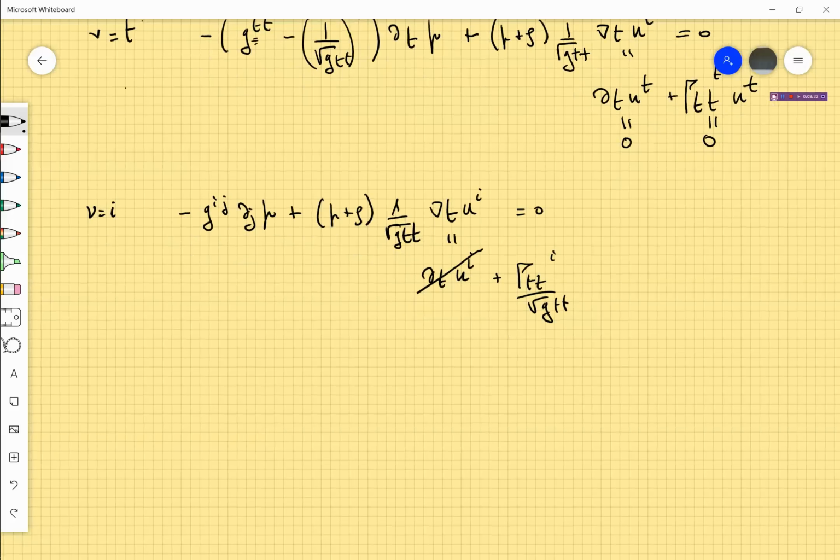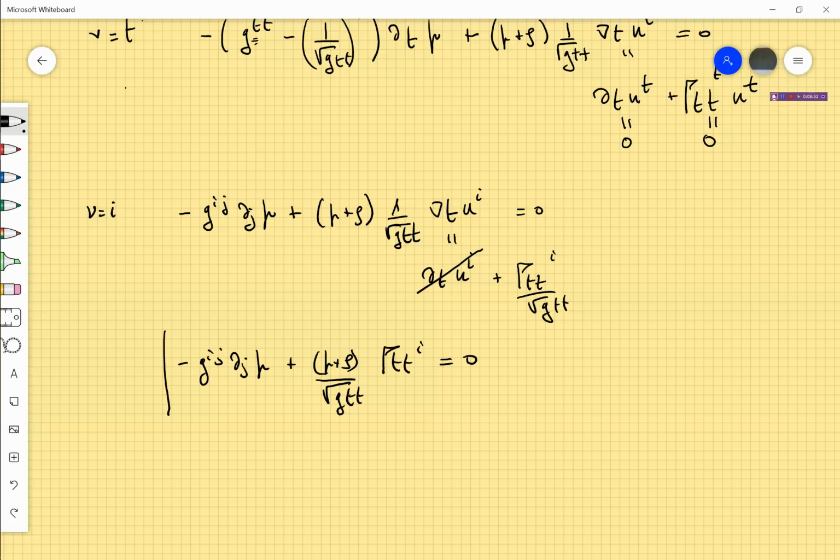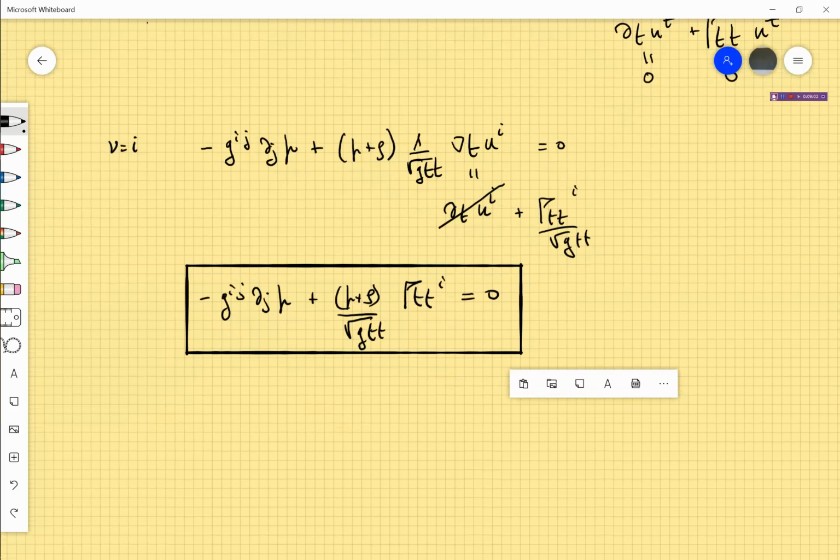Okay, so this equation becomes minus g_ij partial_j p plus p plus rho divided by the square root of g_tt Gamma^t_ti equal to 0. And this is the equation that still has to be solved because it is not implied by the requirements of staticity. We still haven't used the spherical symmetry, but it will not be solved automatically by that either.